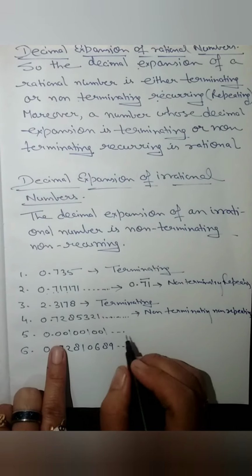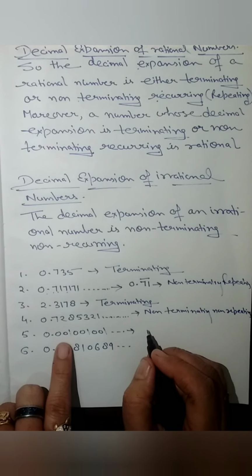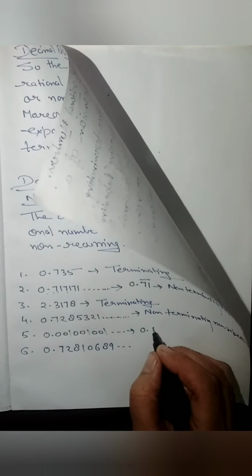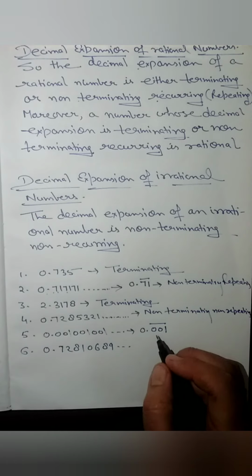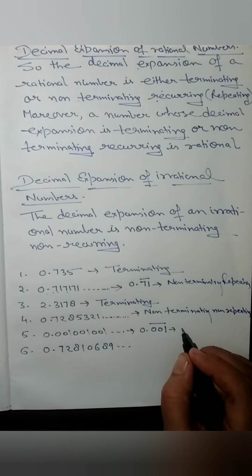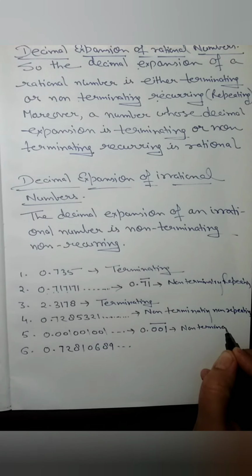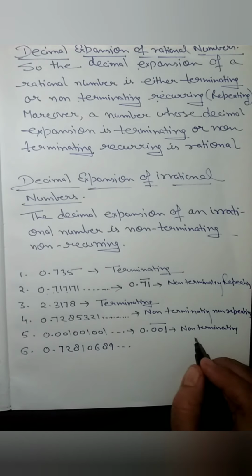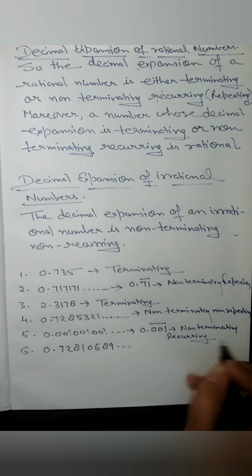Now if we see this again, after the decimal there is repetition of digits 0, 0, 1. As 3 digits are repeating, we'll put a bar on the 3 digits, and this is non-terminating because digits are not ending after some finite place but repeating. So this is non-terminating recurring decimal expansion.